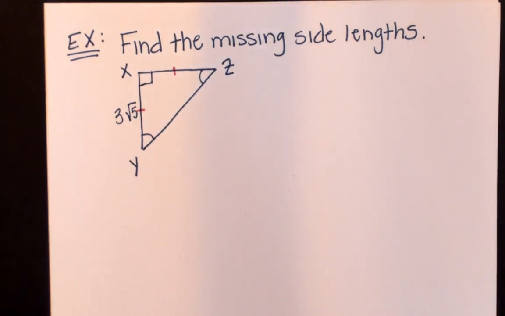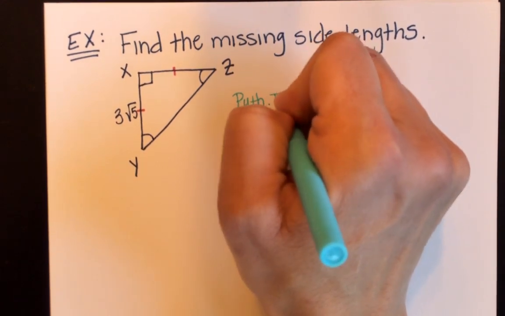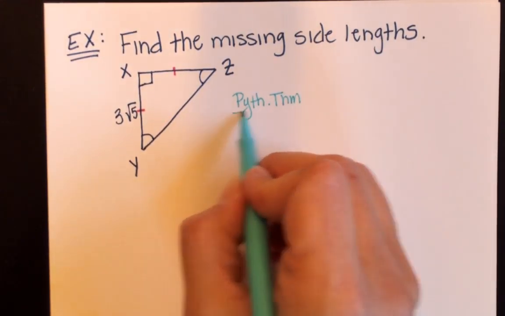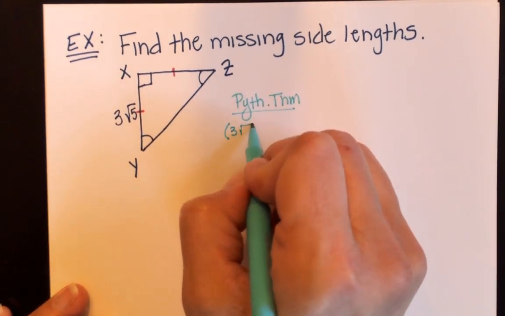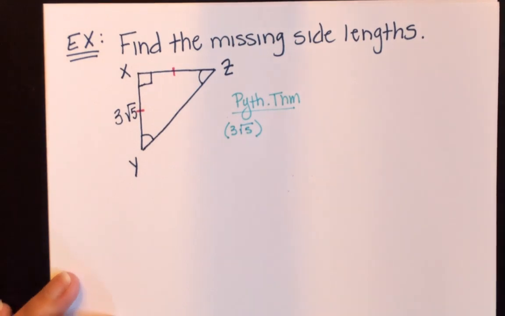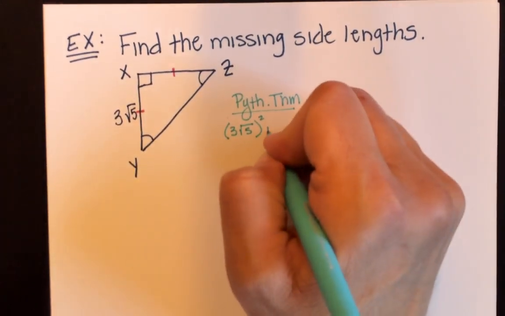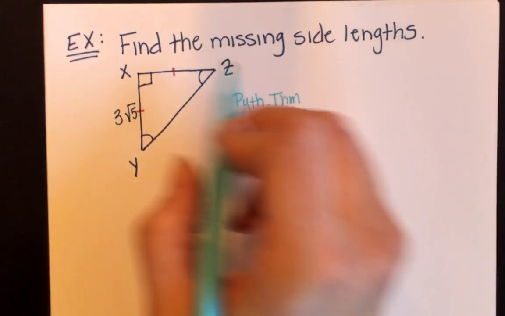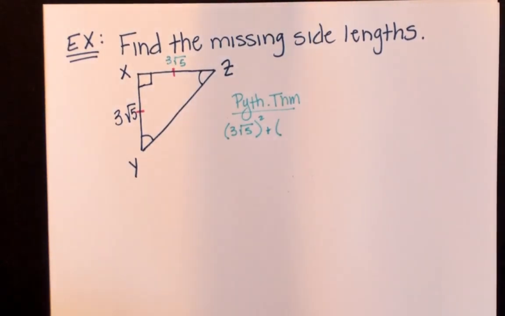And so we're going to look at this as our Pythagorean theorem again. We're going to do 3 radical 5 squared. Now notice, I put it in parentheses, because if you go to your calculator and do this, it has to be in parentheses. Plus, we know this guy has to be 3 radical 5. It's isosceles. They have to be the same.